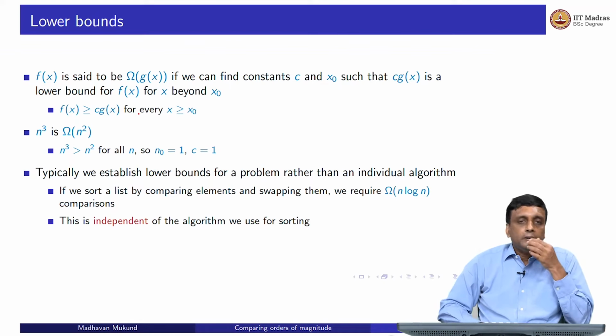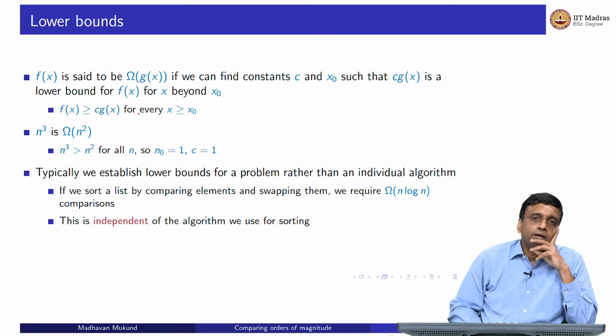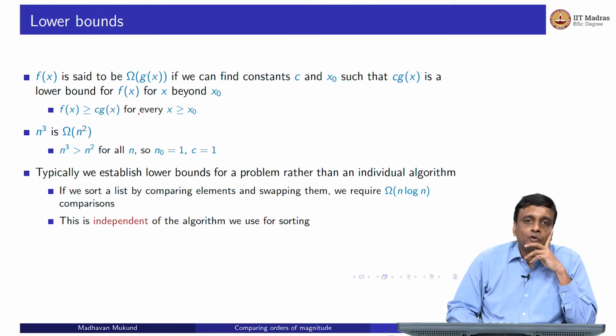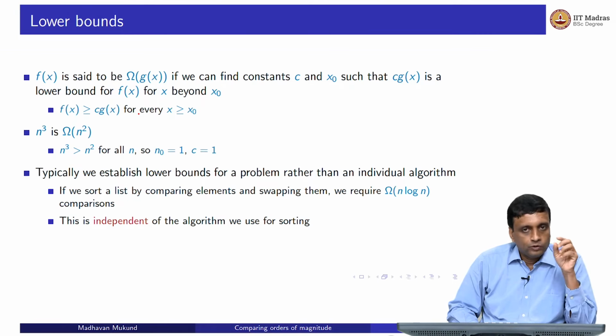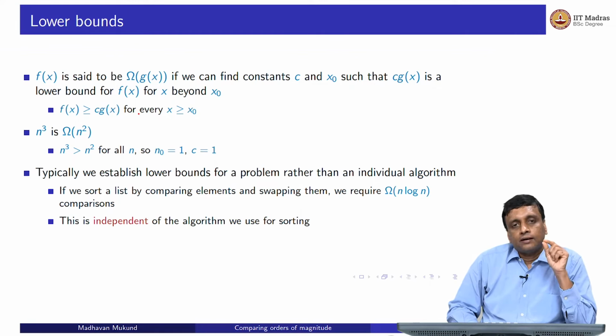Now this is not something that we typically establish for an algorithm individually. We don't say that this algorithm is a lower bound for that algorithm. Rather what we say is that for a problem as a whole, I must take at least so many steps. So this is a lower bound for how many steps of work this problem requires to be solved.